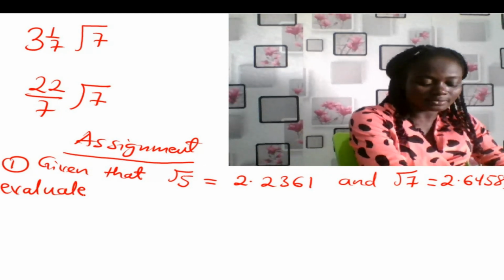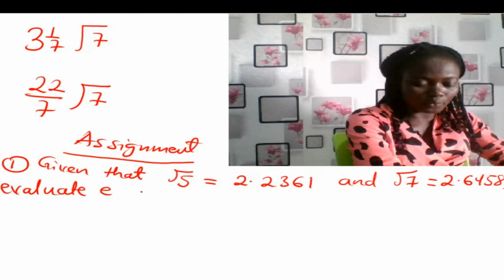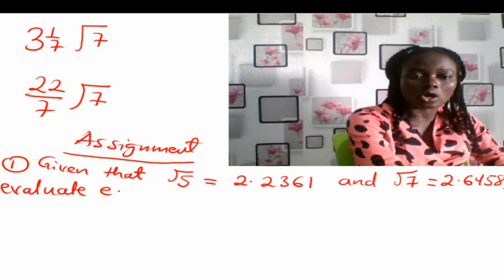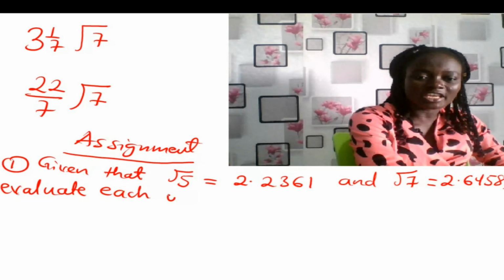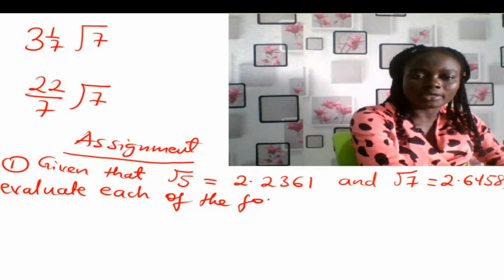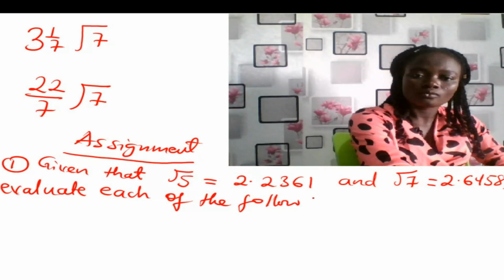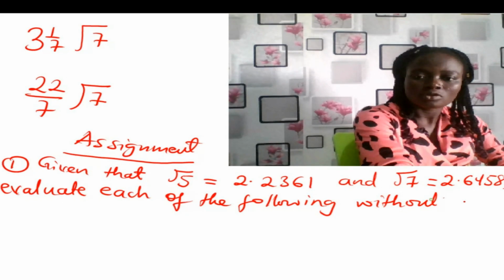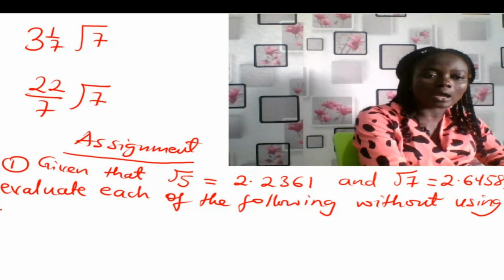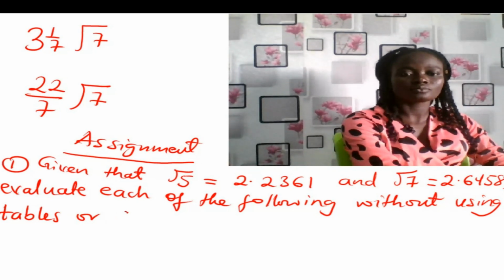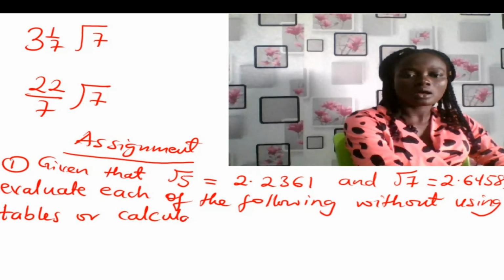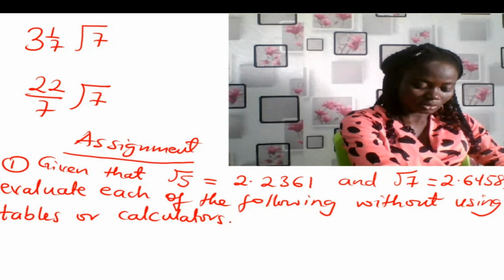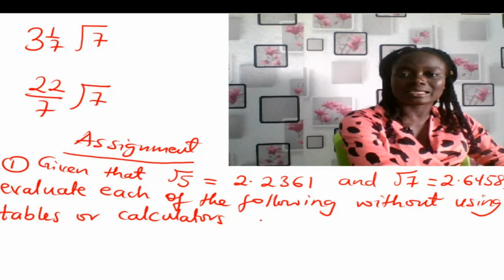So evaluate each of the following without the use of tables or calculators, to 4 significant figures.